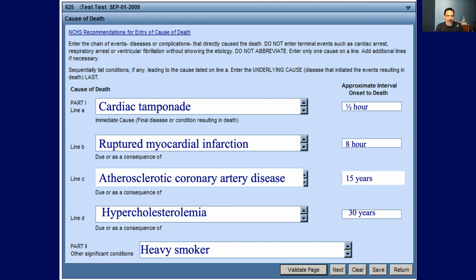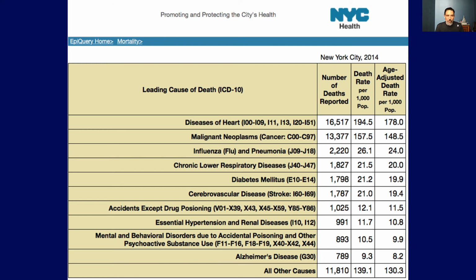The hope is that there is some good information on the death certificate that helps document the true underlying cause of death, and this is the kind of information that can be used to make these kinds of reports that can give you a sense of the major leading causes of death in New York City. So diseases of the heart, followed by cancers and influenza.